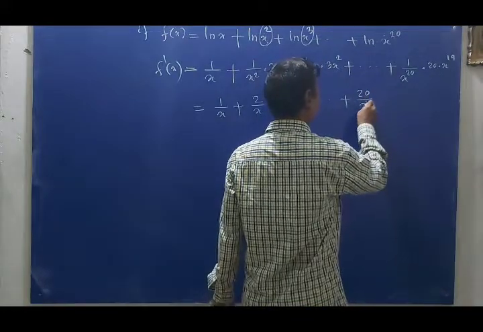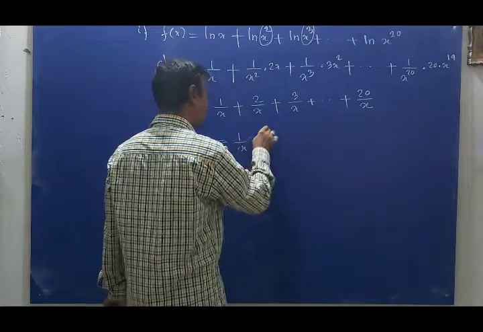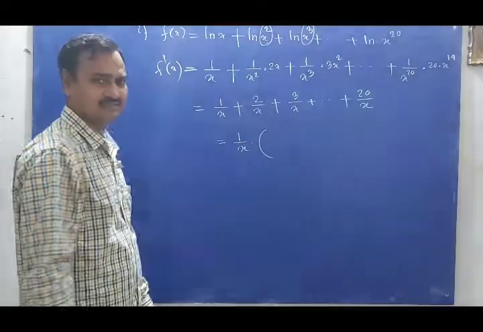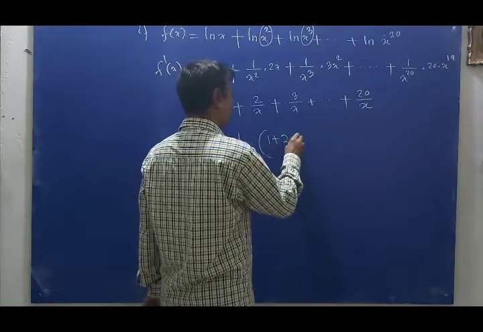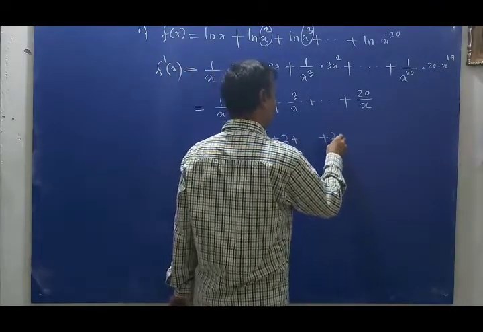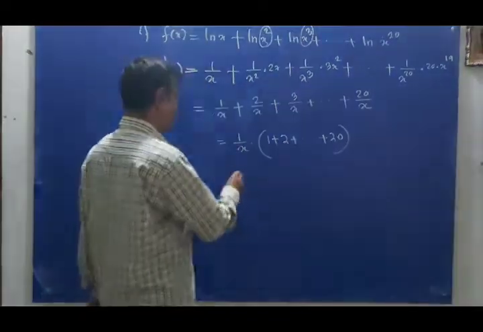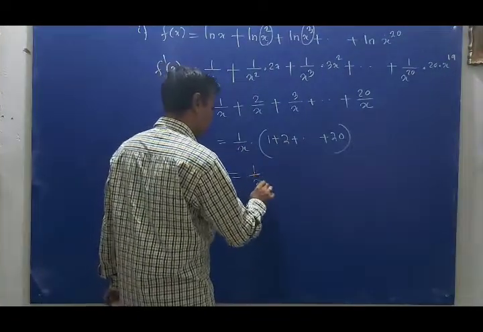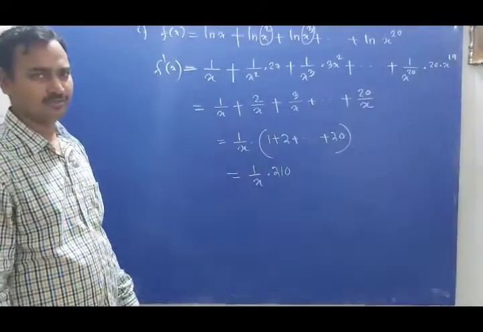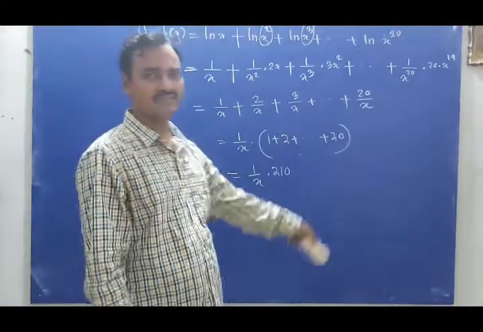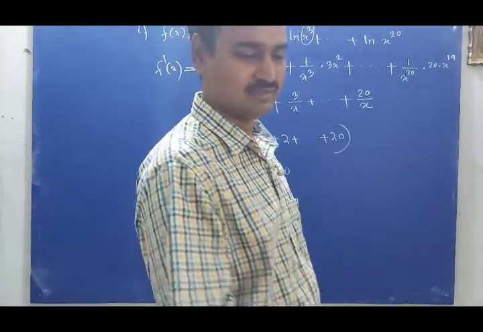Take 1 by x as common: 1 by x into (1 plus 2 plus 3 dot dot dot plus 20), which is equal to 1 by x into 210. You can solve in your own choice.